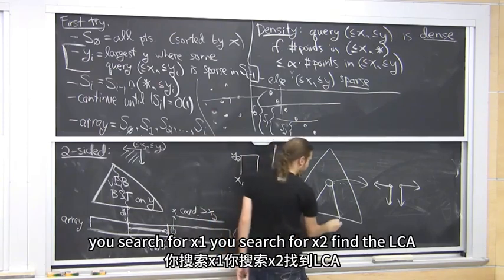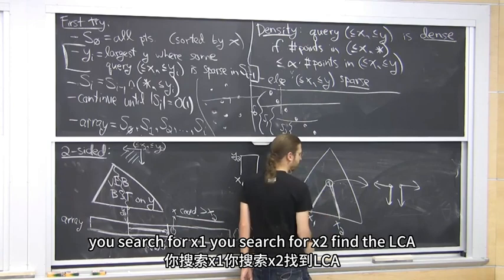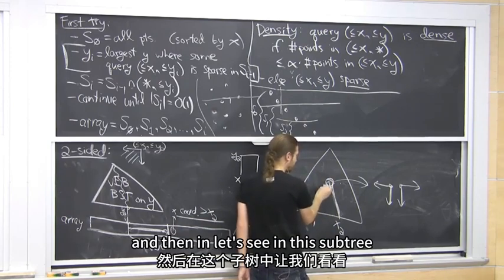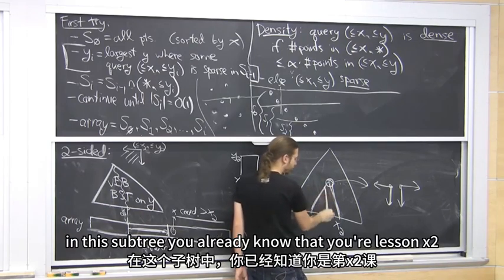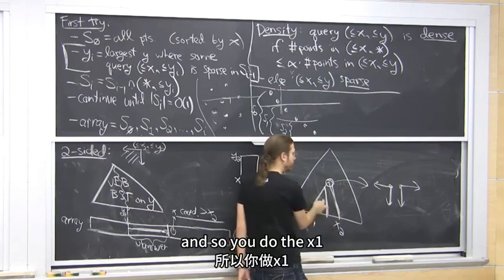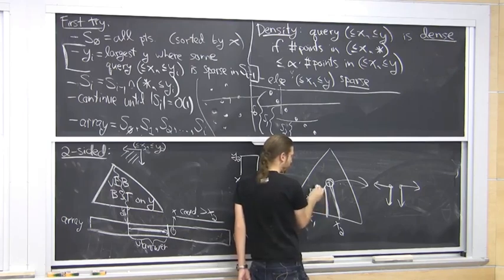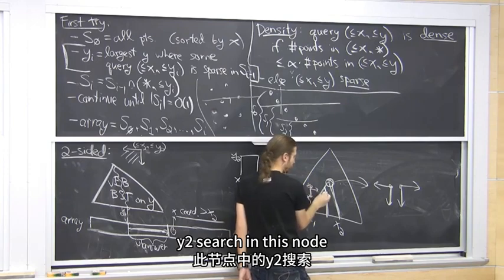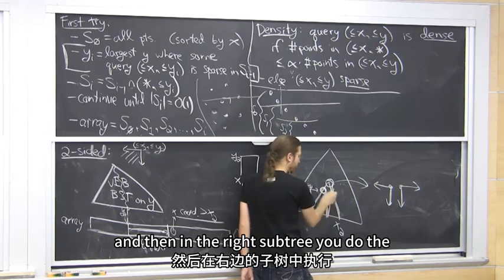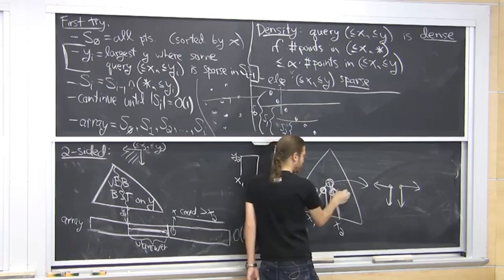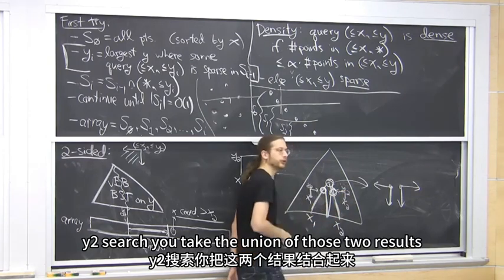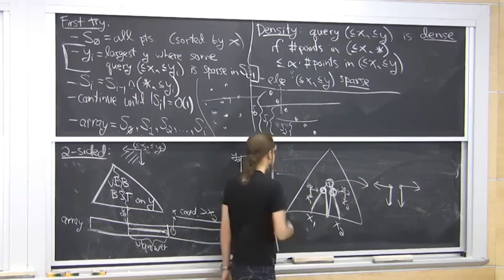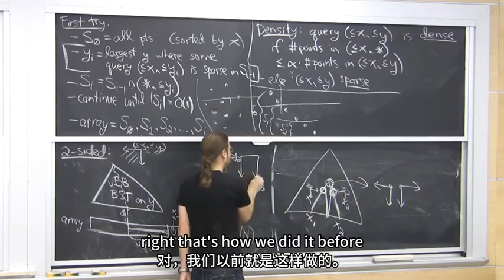You search for x1, you search for x2, find the LCA, and then in this subtree, you already know that you're less than x2, and so you do the x1, y2 search in this node, and then in the right subtree, you do the x2, y2 search. You take the union of those two results, and that is this query. That's how we did it before.